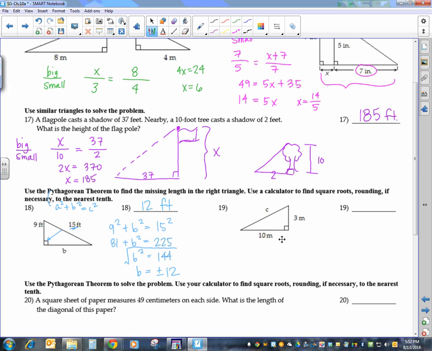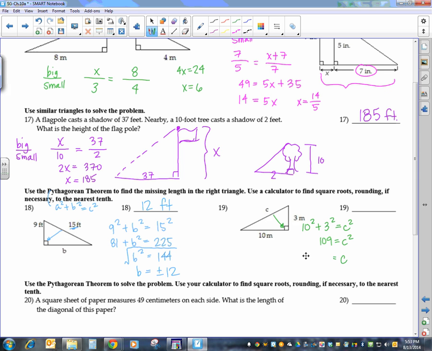On this one, the difference is what we're looking for is the unknown, and that is our hypotenuse in this case. So we're going to have 10 squared plus 3 squared equals c squared. So we have 100 plus 9 is 109.